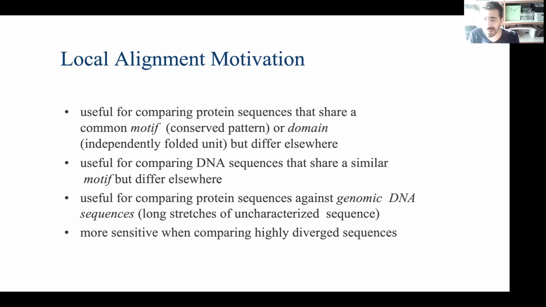So that's why local alignment is super, super useful because if you don't know what to look for, if you are just looking for detecting homology events, then local alignment is very useful. And it is very, very sensitive for highly diverged sequences. So that's why rather than global alignment, local alignment is widely used.